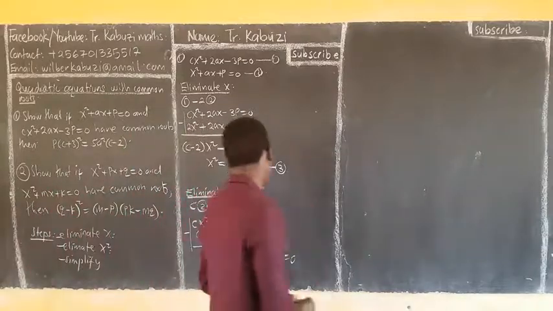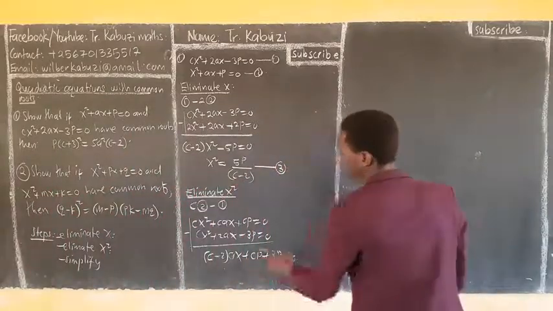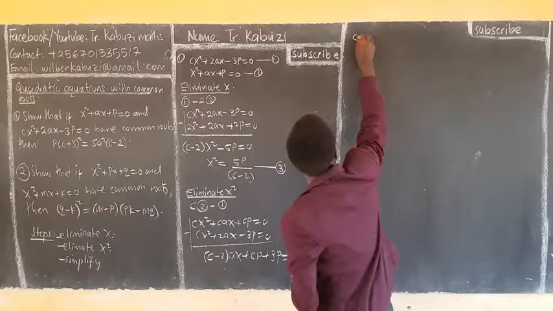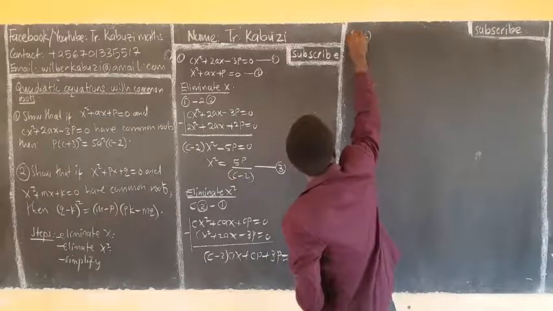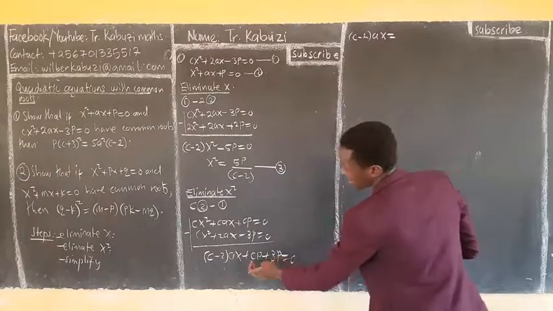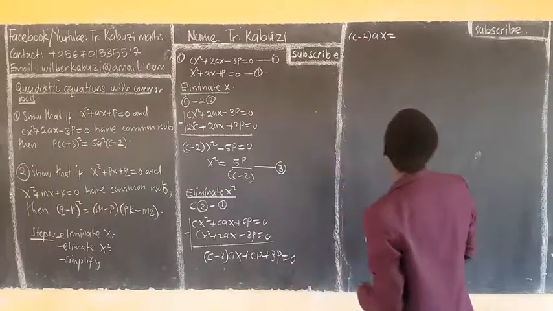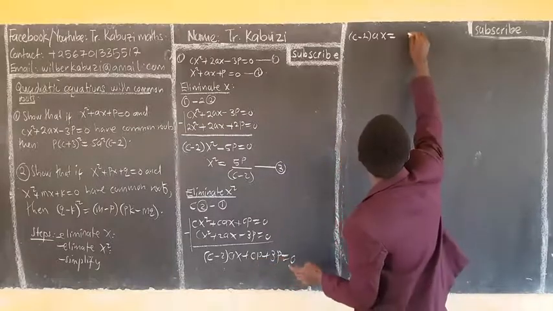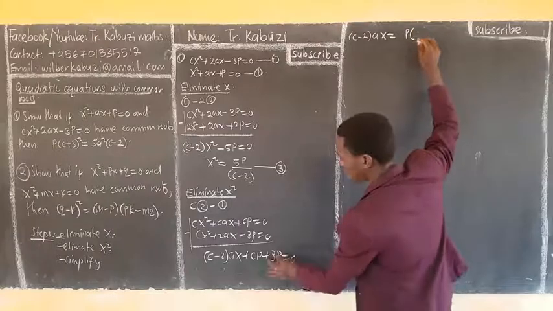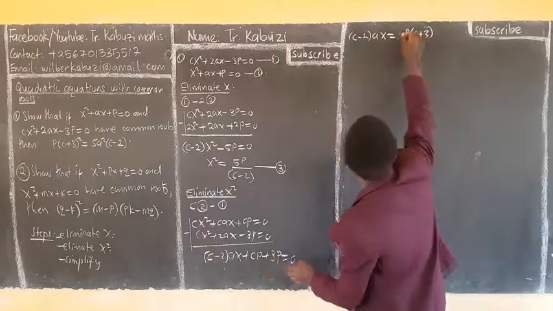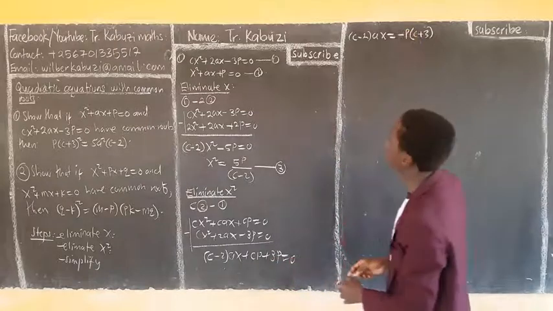Now, if we make x the subject, you see now here is common, so I'm going to have c minus 2 into ax equaling 2. When I take the other side, p is common, so I'll be adding c plus 3, but the side here is going to change to negative.